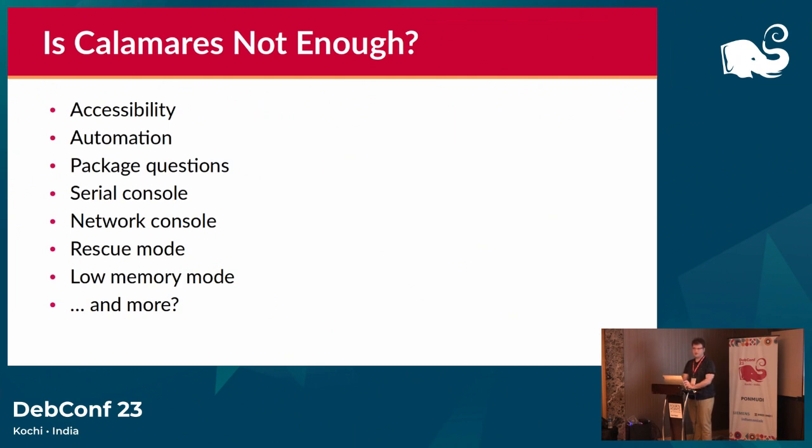I haven't exactly checked, but here's a short list of things I know Debian installer has a lot of work put into. And I'm not sure if Calamares has that much work put into these kinds of things. But as far as I know, nobody has thoroughly compared Debian installer to Calamares.